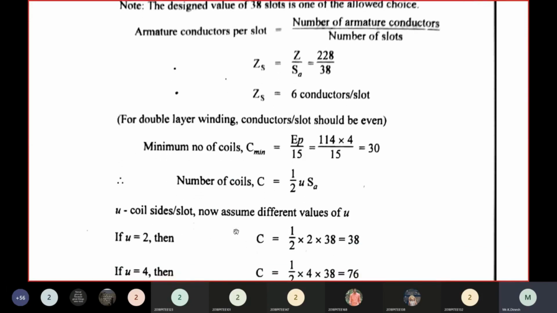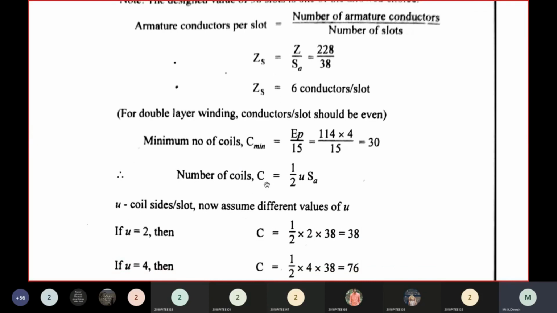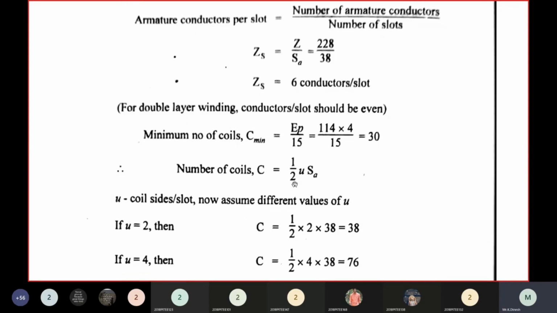Next, I have to choose my number of coils, which one is suitable to us. That is C equal to 1 by 2 U into SA. U we have to fix as 2, 4, 6, 8, 10 like that. Here the number of slots should be 38.